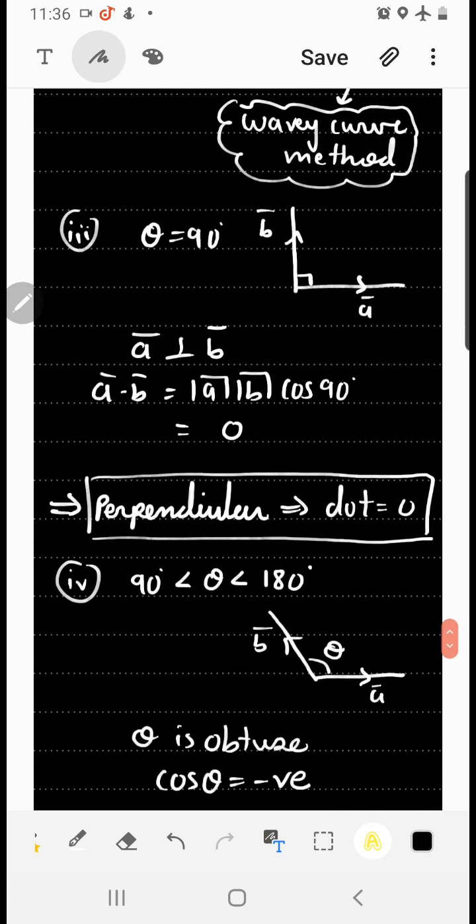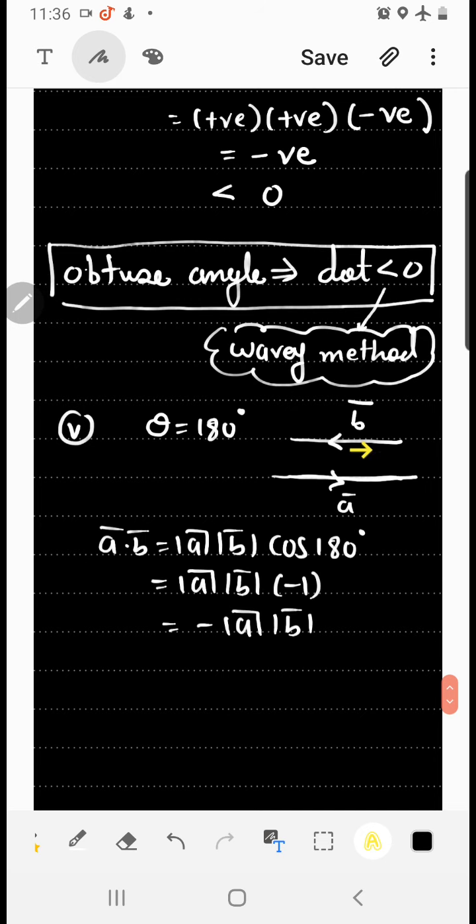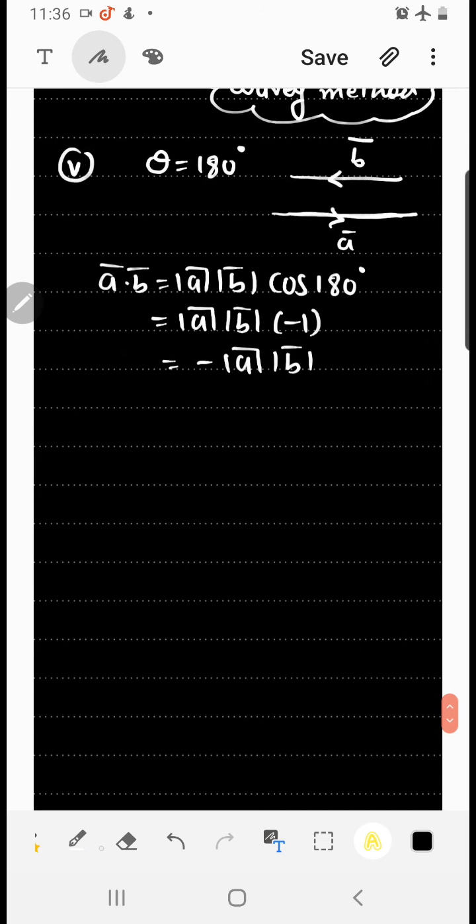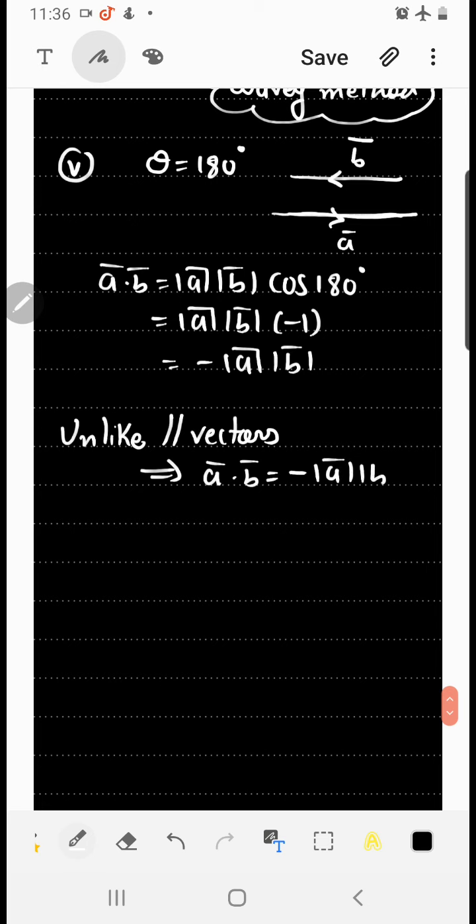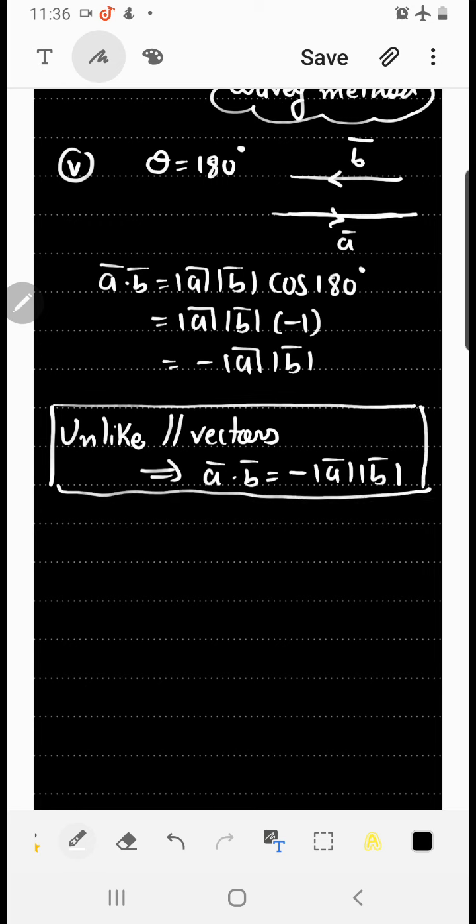But here, the vectors are parallel, but the direction is opposite, and that is why we call this unlike parallel vectors. And what is the condition for that? This implies their dot product is equal to minus of the product of their magnitudes. So these are the two conditions we got for parallel vectors.